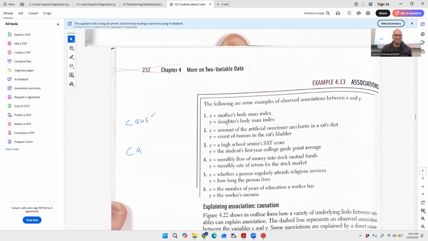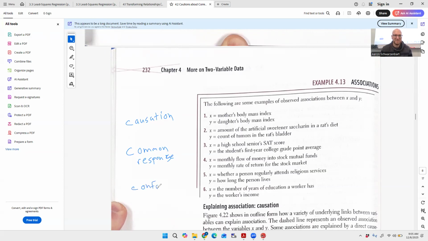Guys, we agree with that? Three is causation. And I think one is confounding. There's two of each. And then what was the third one? Common response.